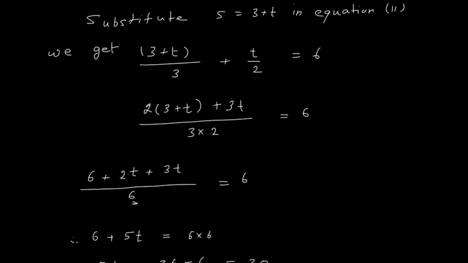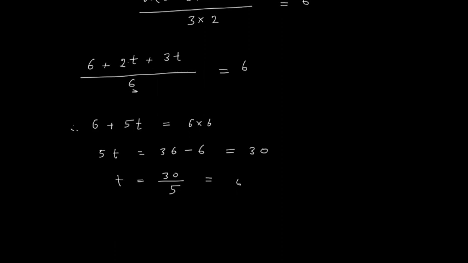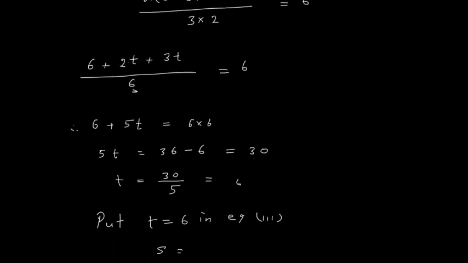Now put the value of t equal to 6 in equation 3. So equation 3 is s is equal to 3 plus t, which is equal to 3 plus 6, which is equal to 9.